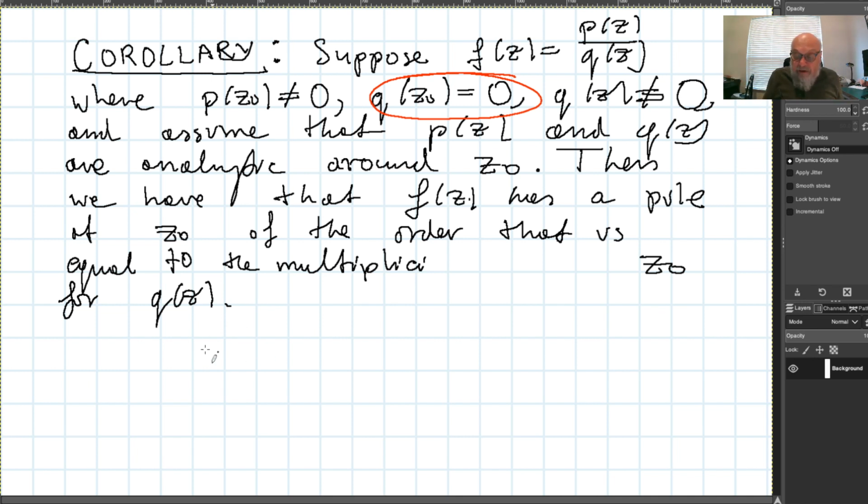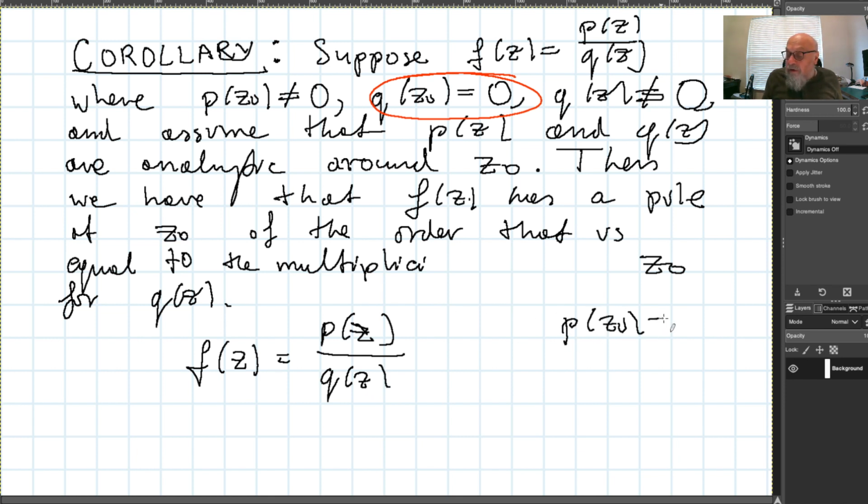Let me just simply write it down like this. So we have here f of z. Using formulae very often helps a lot. So this is p of z, this is q of z. Here we know that p of z0 is not equal to 0, but q of z0 is equal to 0. So we have a division by 0.